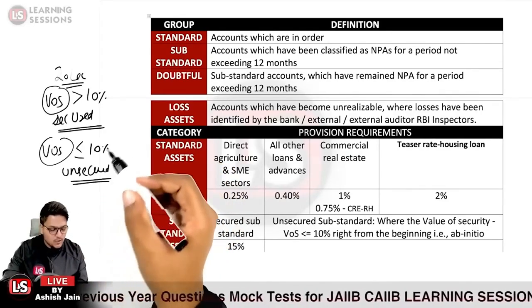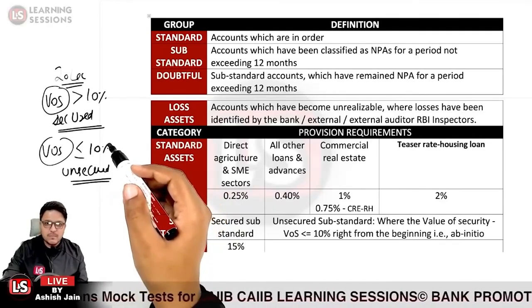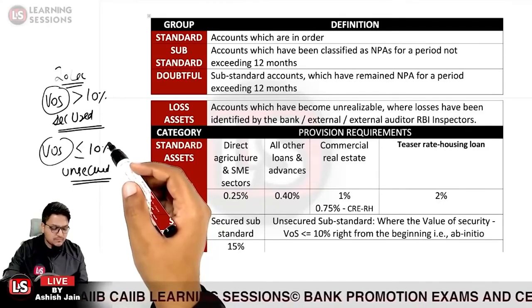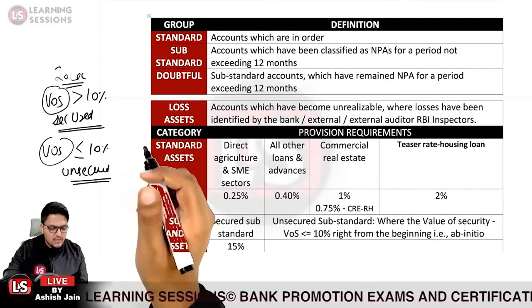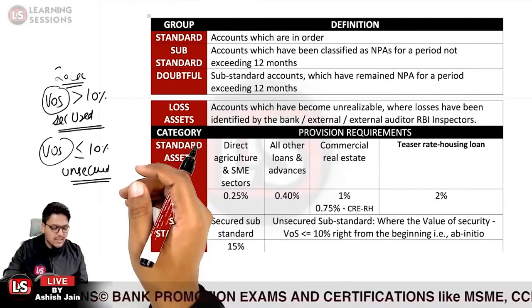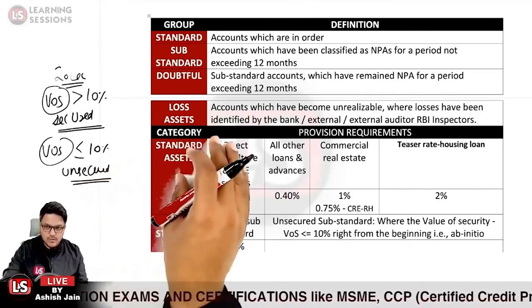Is that clear? So if the value of security is greater than 10% of the amount sanctioned, it will be a secured advance, and if it is lesser than or equal to 10%, it will be an unsecured advance. Okay.